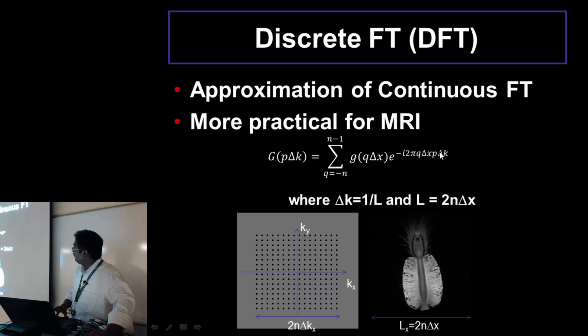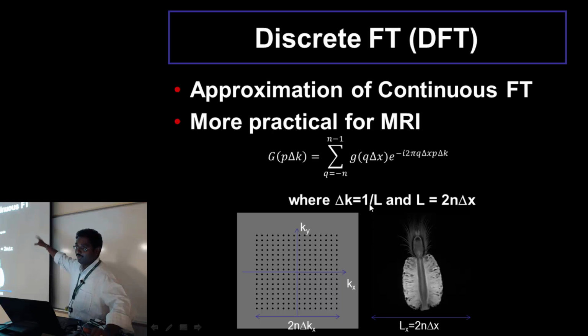This is your sampling part where you're sampling at finite steps of delta k, and then you're windowing the number of samples. Assuming you have the infinite length signal, let's ignore the T2 decay, let's assume the ideal conditions of very long T2, then you will have the signal forever. Of course, you can't sample the signal forever, that's why we're windowing, that's what we're talking about here. So, the interrelationship between the step size and the field of view that you're imaging is given here.